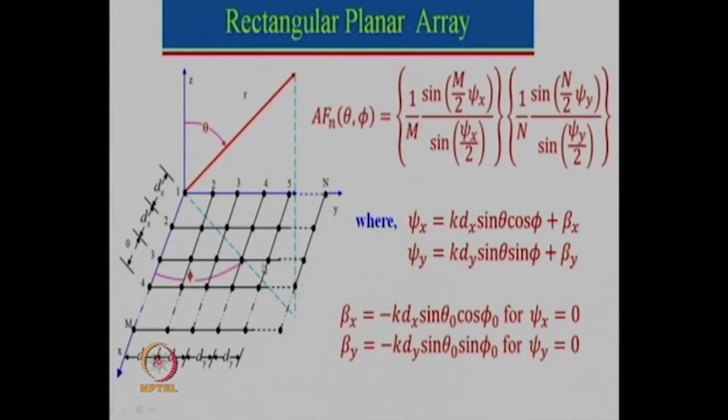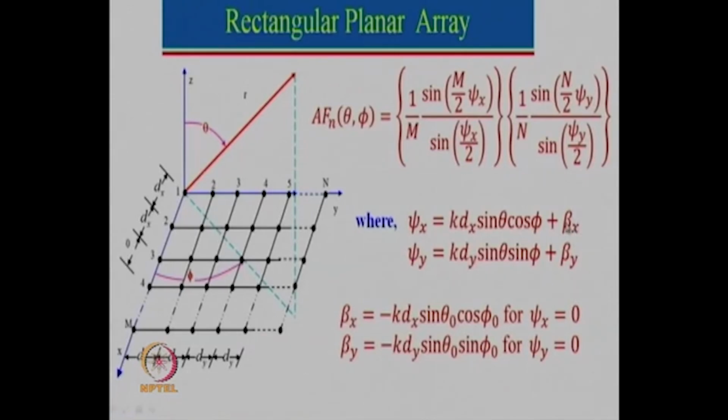Now, when this is projected down here, along the x axis we need to multiply by cos phi, and that is what is done over here. And along the y axis it should be multiplied by sin phi, and that is the term over here. And what are beta x and beta y?